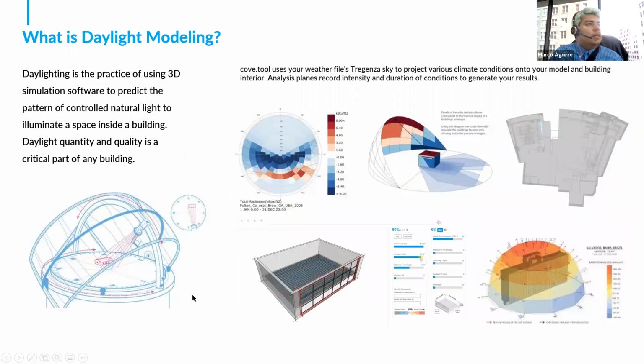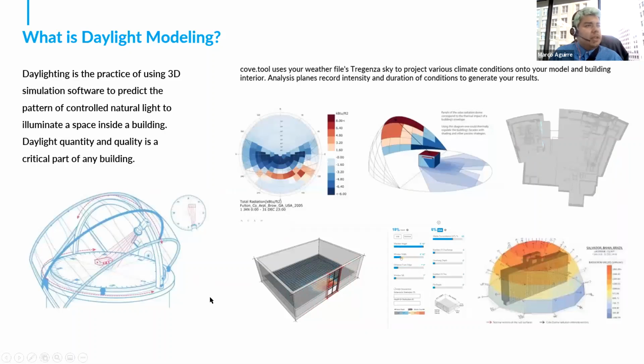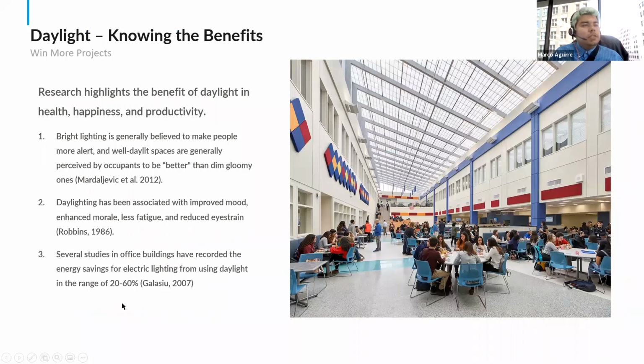Daylight modeling, it's an important thing. One of the metrics and standards that we actually follow in order to run the daylight analysis are the same that you need in order to do a LEED compliant daylight model. And even though your project might not be pursuing LEED certification, it's always important to use a well daylit design as one of the building's marketable features.